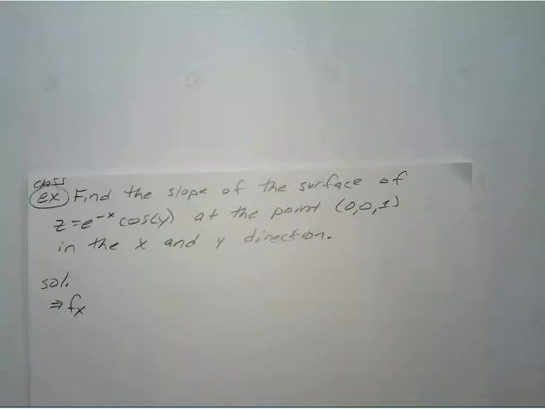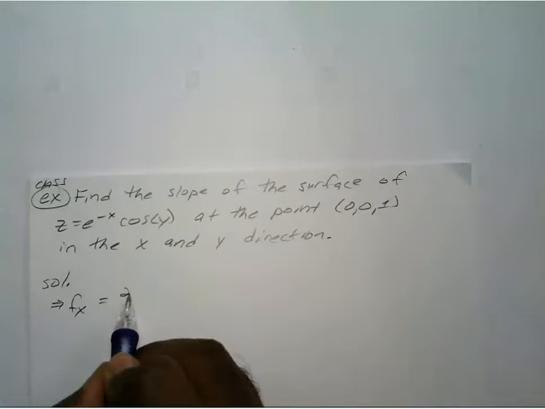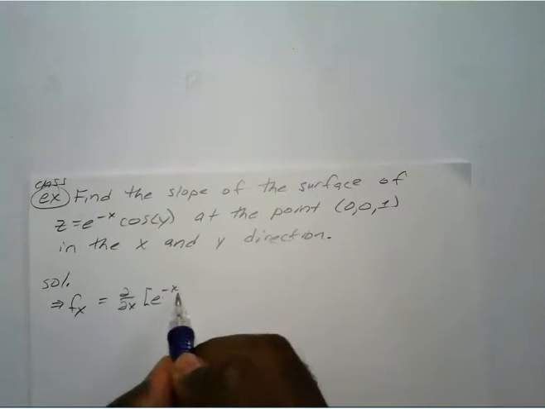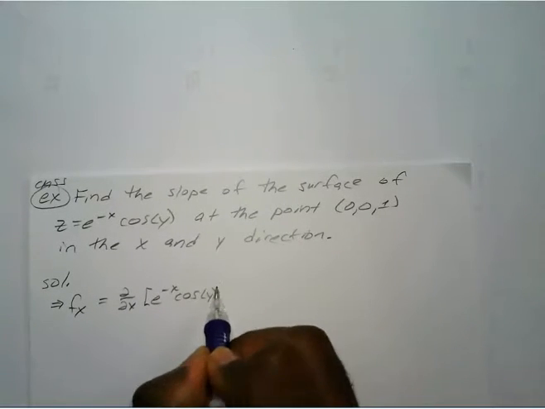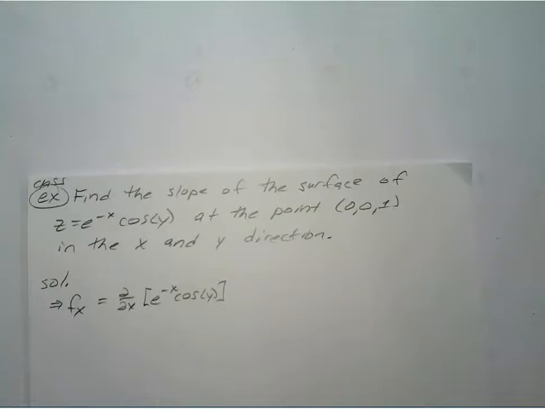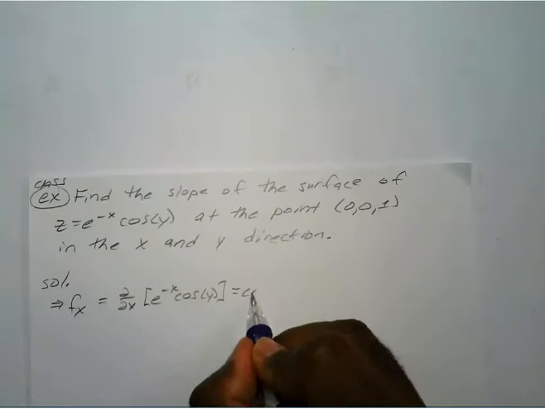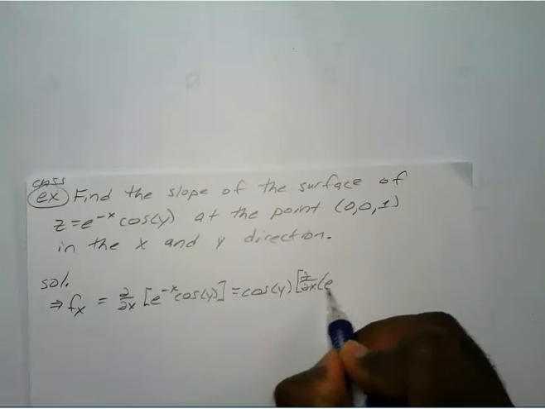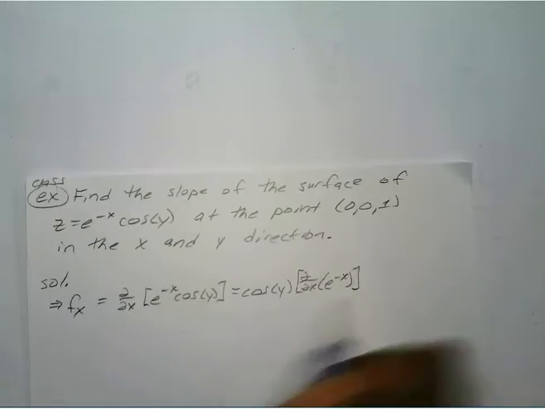Okay, so the partial with respect to x, just the partial with respect to x of e to the negative x cosine y. Okay, now in this case, the y factor is considered a constant, so we can just bring that out to the front. So you have cosine of y times the derivative with respect to x of e to the negative x.